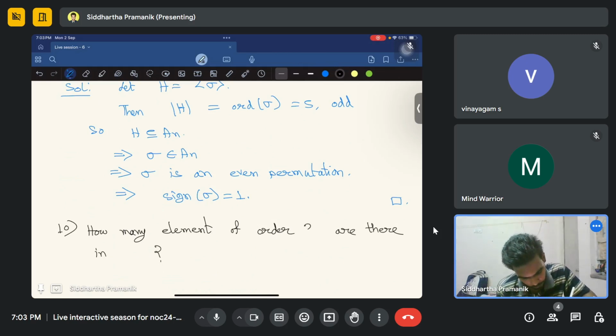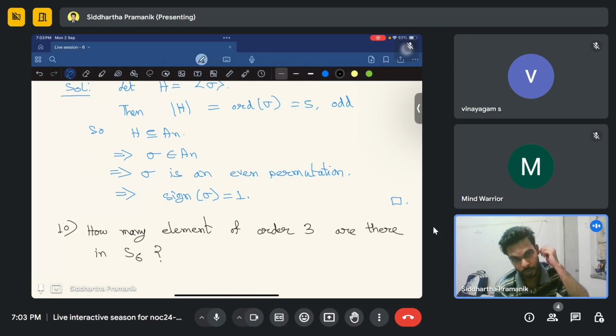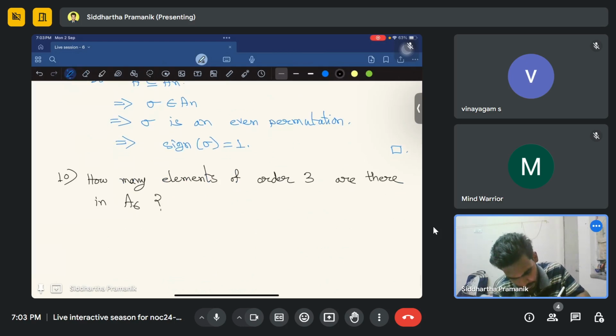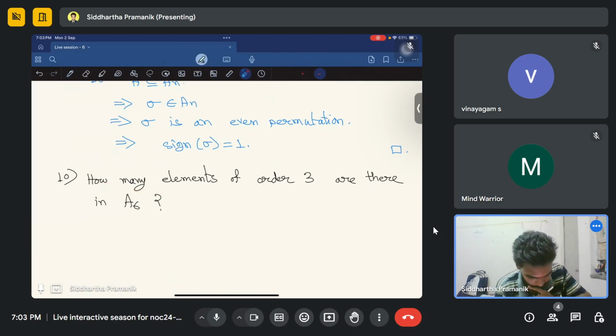How many elements of order 3 are there in A6? Can you do this?